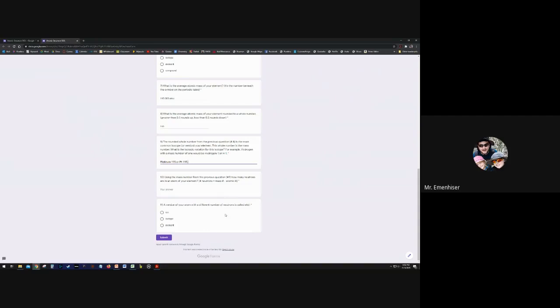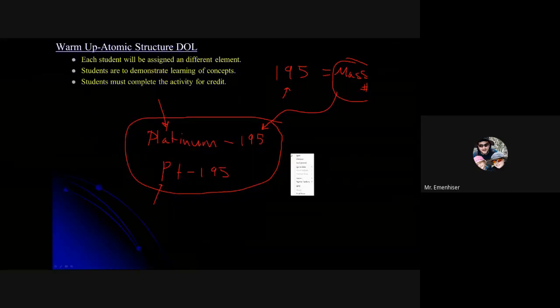Number of neutrons is equal to mass number minus atomic number. All right, I've got a mass number of 195, so I've got platinum 195. I know that my atomic number is 78.